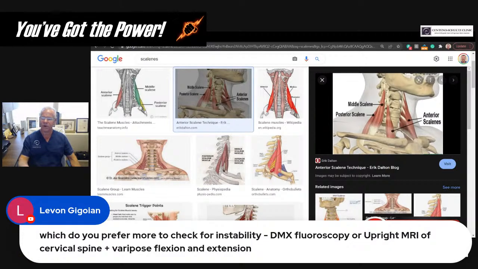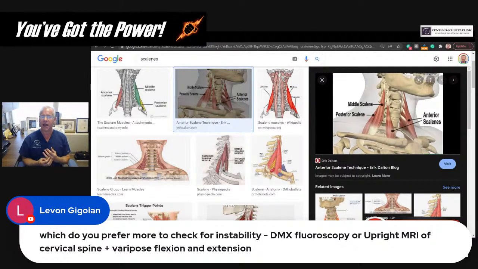Levon asks, which do you prefer more to check for instability, DMX or upright MRI? So Levon, for us, it's all about the likelihood of ruling in or ruling out a CCI diagnosis, because that's what most patients want to know.